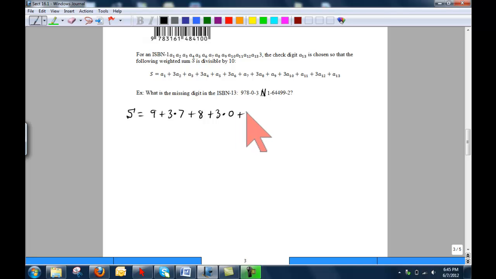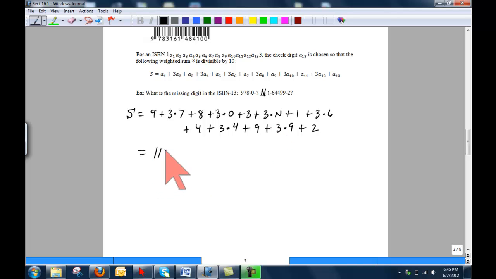So now plus 3 plus 3 times n plus 1 plus 3 times 6 plus 4 plus 3 times 4 plus 9 plus 3 times 9 plus 2. All of the terms except 1 are constants. They can be added together. This is 114 plus 3n.